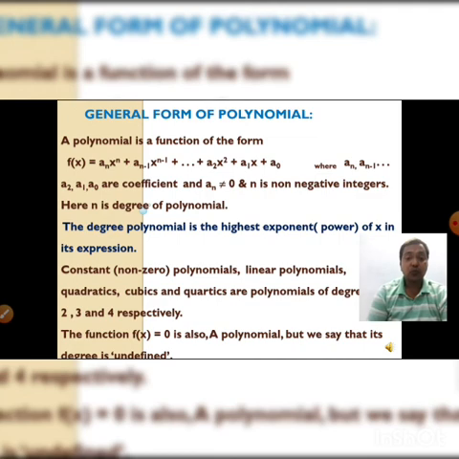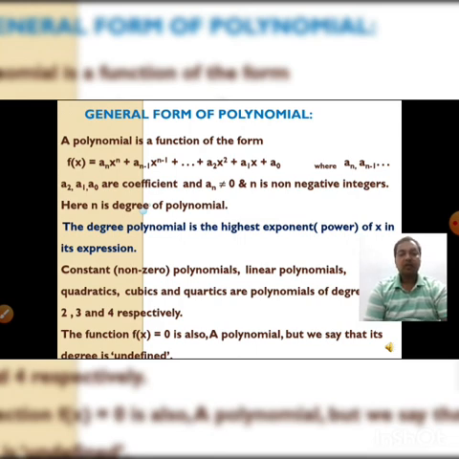Also here n is a non-negative integer and n is the degree of the polynomial. Now the degree of a polynomial is the highest exponent or power of the variable in this expression.